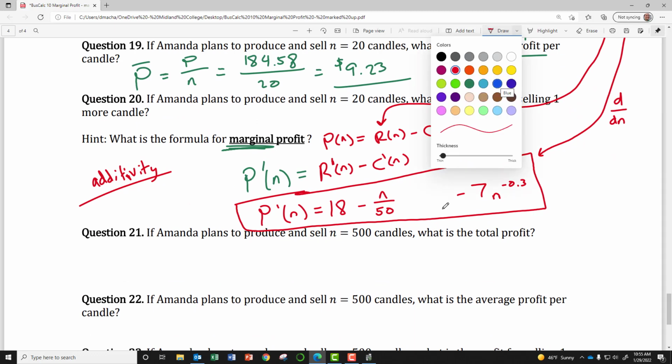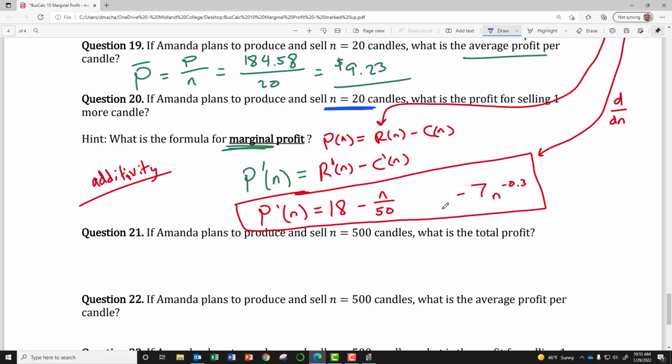So actually coming up with the answer for question 20, which is whenever we sell 20 candles, what would be the profit for selling one more candle? In other words, what's the marginal profit when n is equal to 20? Well, this is 18 minus 20 over 50 minus 7 times 20 to the power negative 0.3.